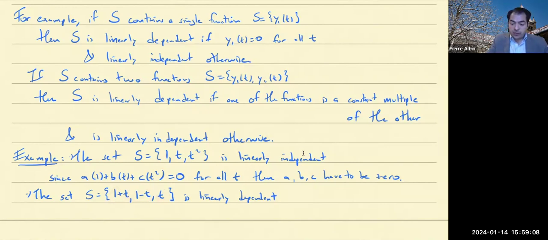Nevertheless, these three functions taken together are linearly dependent, since we could do 1/2 times 1 plus t minus 1/2 times 1 minus t, plus minus 1 times t, and we get 0. And these coefficients are not all 0.